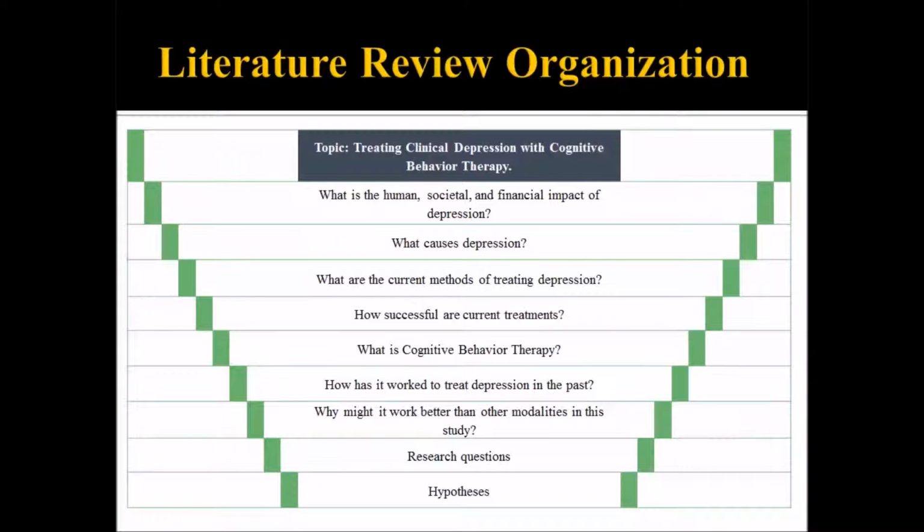Then you might want to introduce cognitive behavior therapy, because it is the focus of your study, and you've already made a case that depression is something we need to treat, and you've talked about other ways to treat depression. Now you introduce the treatment that you'll be studying in your manuscript.